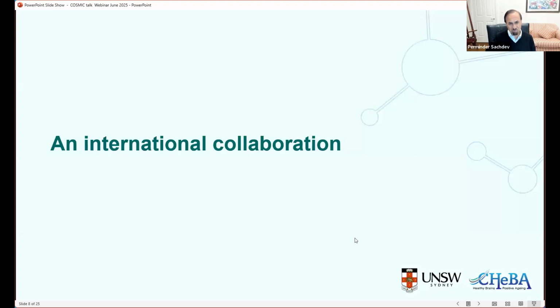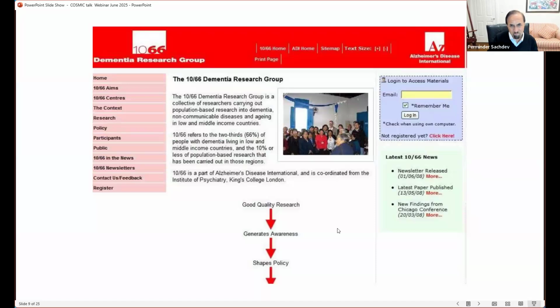So in fact, it was some of these inequities in global research that led to this consortium. There have been some efforts in the past to try to deal with this. One effort was the 1066 Dementia Research Group.